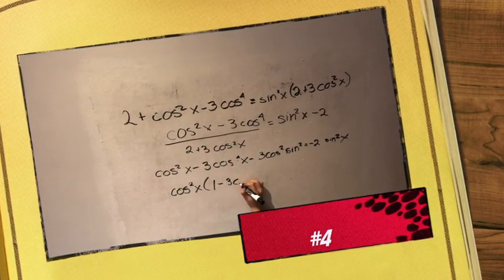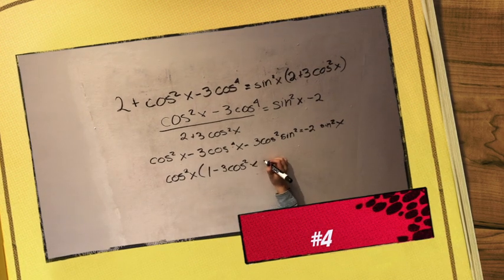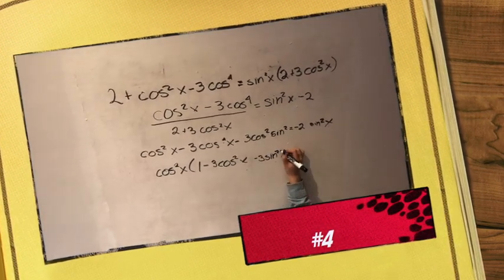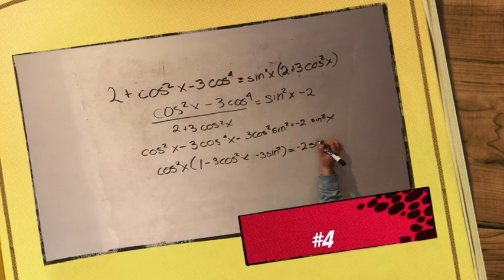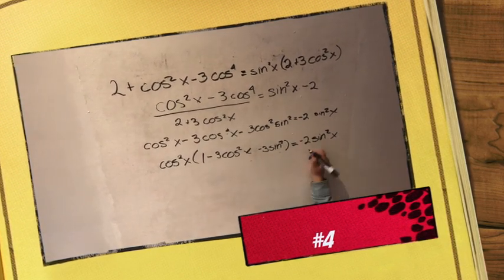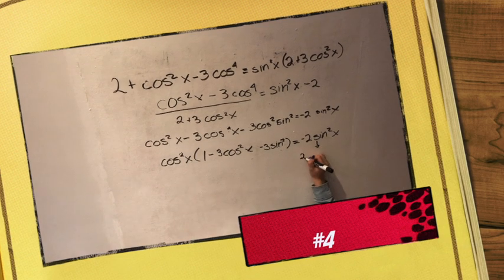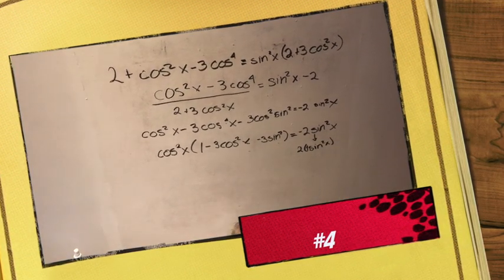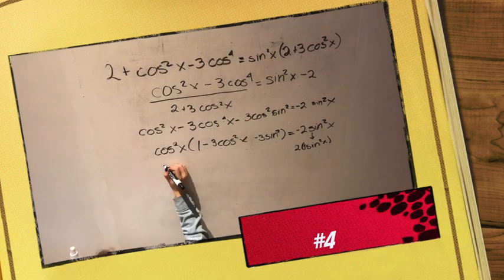Then we're going to factorize the minus 3 cosine squared and minus 3 sine squared. And then it's pretty straightforward, because what we're going to do is subtract 1 from minus 3, and we're going to be left with minus 2.